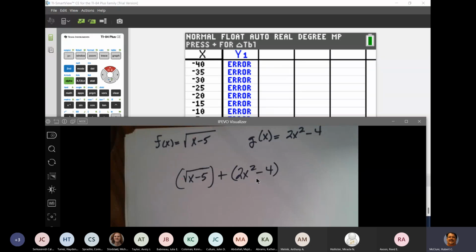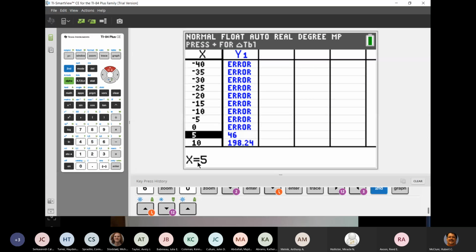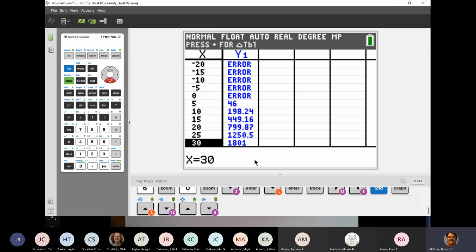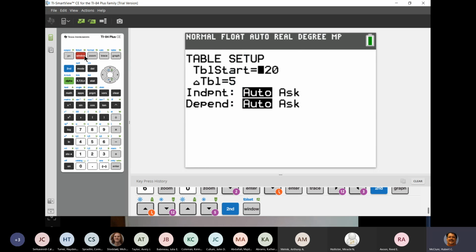And then, of course, after that, if they ask you what f of 6 is, or f of 10, or f of 15, then you just go to your calculator and type it in. I don't like table set. Let me go to table set.